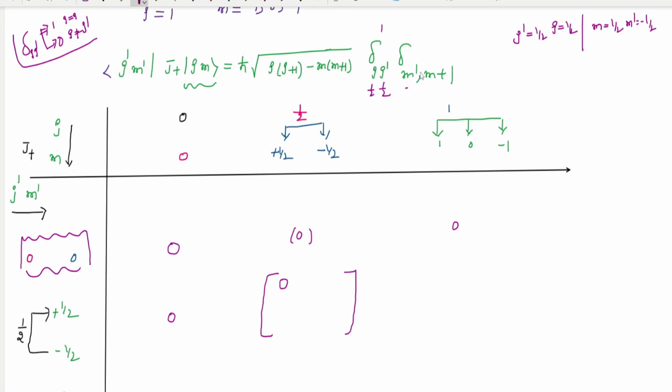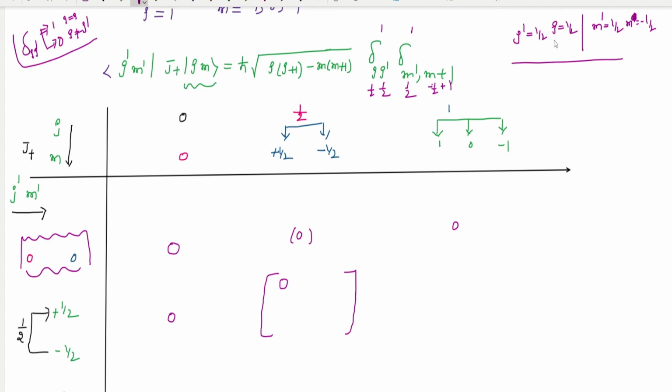Sorry, this is m, this is m. Here 1 divided by 2, and minus 1 divided by 2 plus 1. This one is 1 divided by 2. This one becomes same state, 1. So be careful.